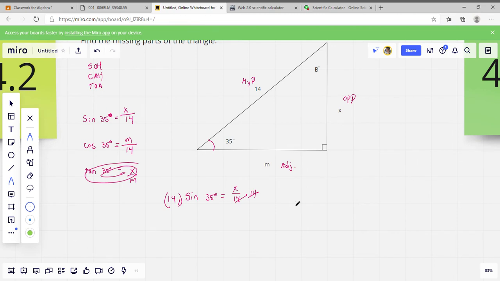If we know that this one's 14, this one's got to be less than 14. It's more than half of that, so it's between 7 and 14. And this one is a little smaller than that, so let's say it's between like 5 and 8, somewhere in there. All right, so those are our estimates.